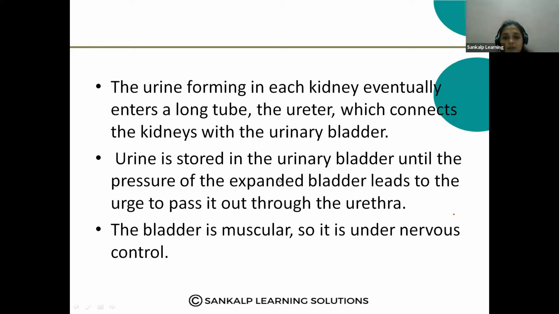There are muscular structures, muscles in the urethra and urinary bladder, that help by contracting for the removal of the urine from the urinary bladder. So this is how the formation of urine and the elimination of nitrogenous waste takes place in the body.